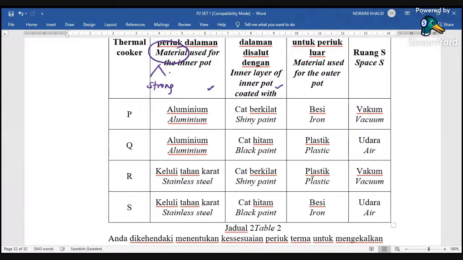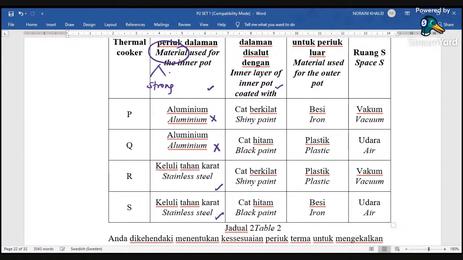Between aluminium and stainless steel, stainless steel is stronger, so I will choose stainless steel instead of aluminium. I just tick the one that I choose.